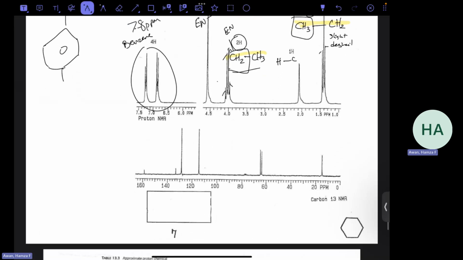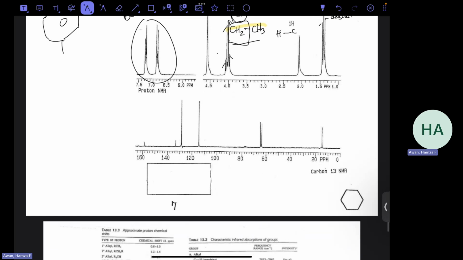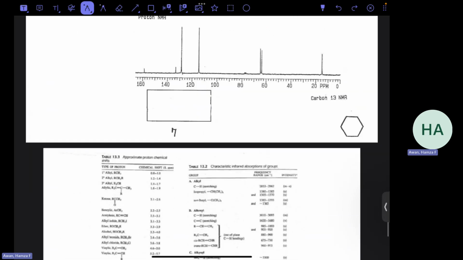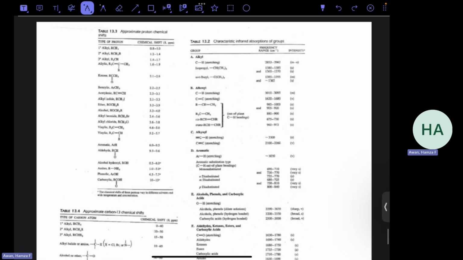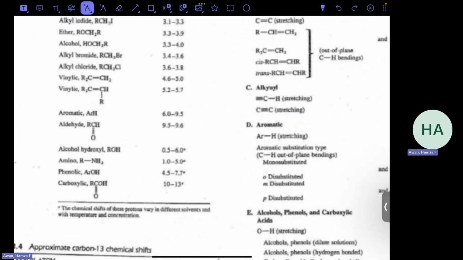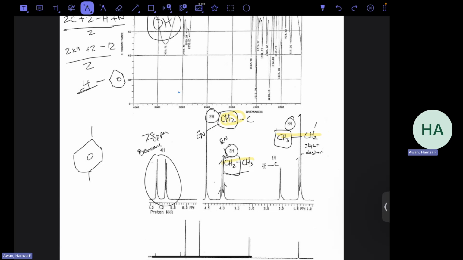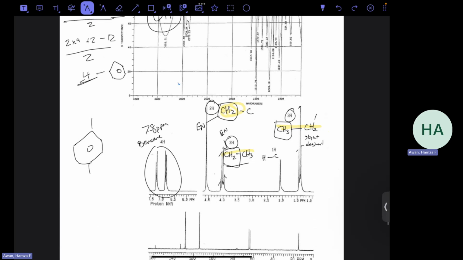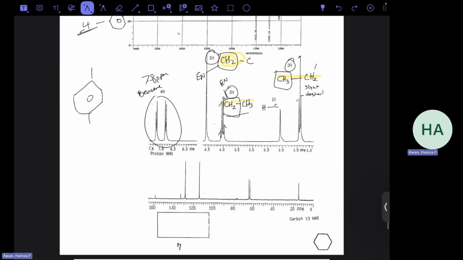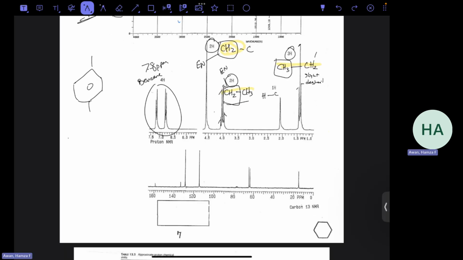So one thing I like to look at as I'm brainstorming is this carbon-13 spectra, right? Whenever we look at this, we know that we don't have any double bonds aside from this benzene ring, right? So esters, aldehydes, ketones, all out the window. So we know no esters, no aldehyde, no ketone.